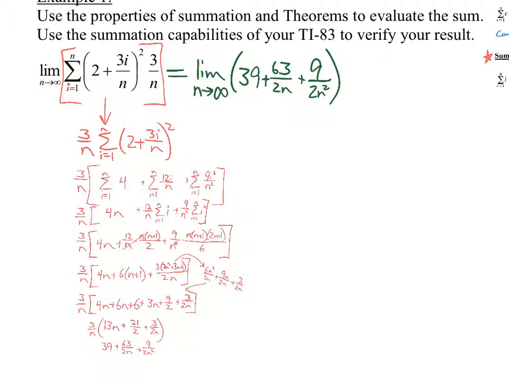And you know, as n's approaching infinity, we can look at it in terms of horizontal asymptotes. So 39 just stays 39, but if the n's on the bottom, 63 over 2n is going to approach 0, and 9 over 2n squared is going to approach 0, so this whole thing just equals 39.